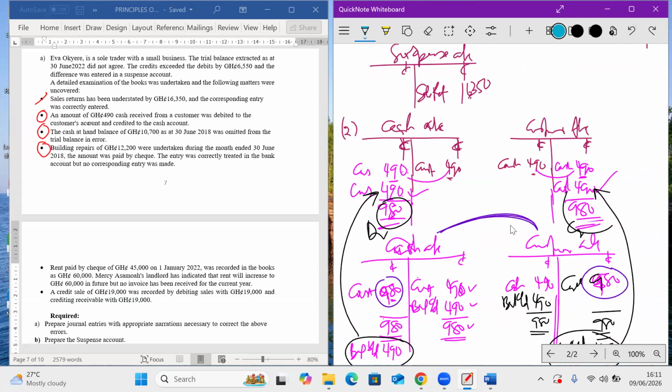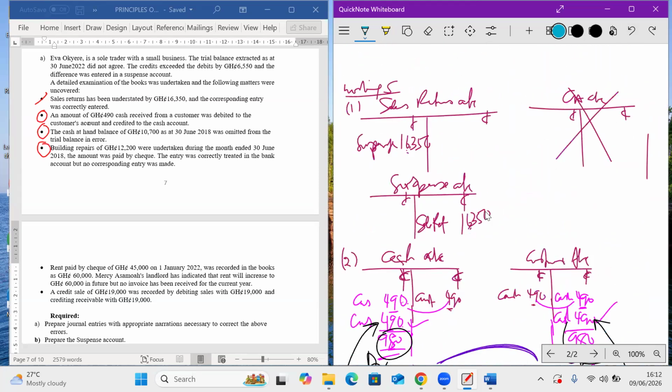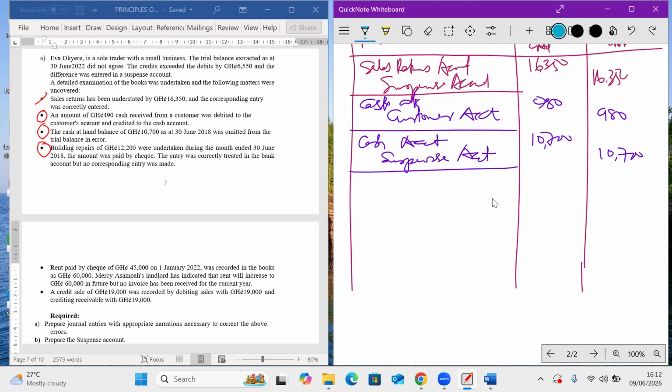Then we will ask ourselves, between the building repairs and the suspense account, which one of them has a debit entry? Building repairs, debit. So we'll go to the journal and write a debit first. This is the journal. Then write the building repairs account. Don't just write building repairs, write building repairs account, 12,200.